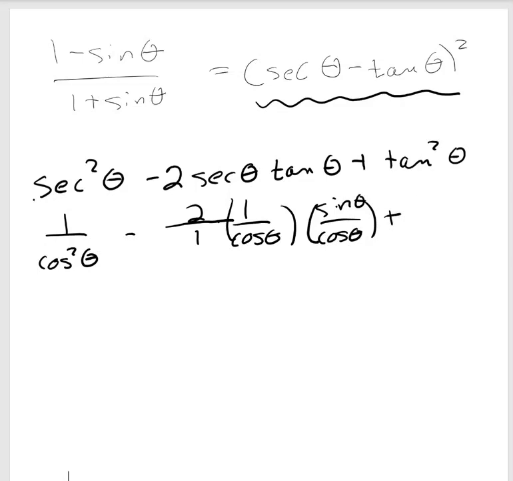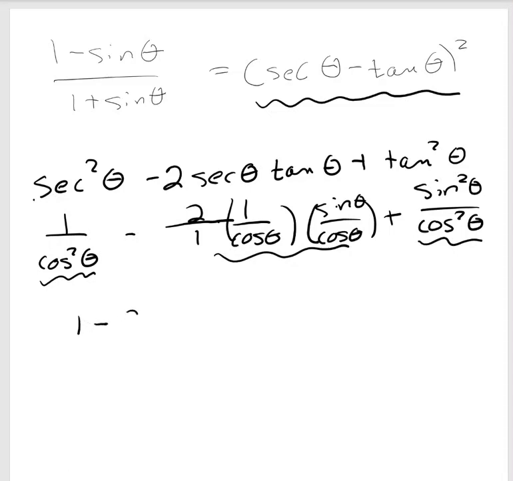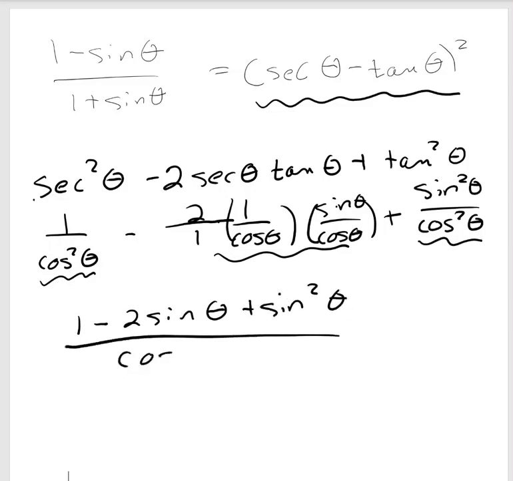And then tangent squared is sine squared theta over cosine squared theta. Something really nice happened here: the first term has cosine squared, the second term is cosine squared, the last one is cosine squared. So I have a common denominator already. Let's look at the numerator. I have 1 minus 2 sine theta plus sine squared theta, and that's all over cosine squared.